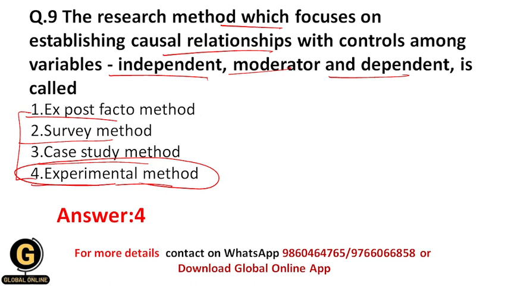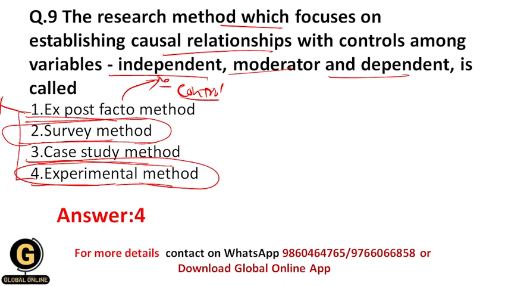And I have told you earlier what is ex post facto method, what is survey method, and what is case study method. So within the ex post facto method I won't be having the control over the variables, right? That's why it gets eliminated. Within the survey method, though I will be having the variables, still my focus is not on establishing causal relationships, because here I am getting the opinions from my respondents.